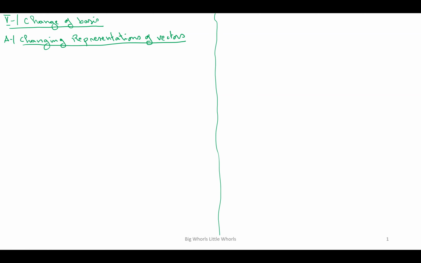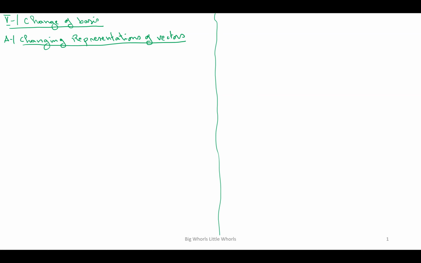Before I can give you the definition, let me show you the observation, or even yourself you can guess that if we are given a basis, a vector v, and a basis, for example, B, the representation of that vector v with respect to that basis B is not going to be the same if we are given a new basis D. However, the vector is not changing.